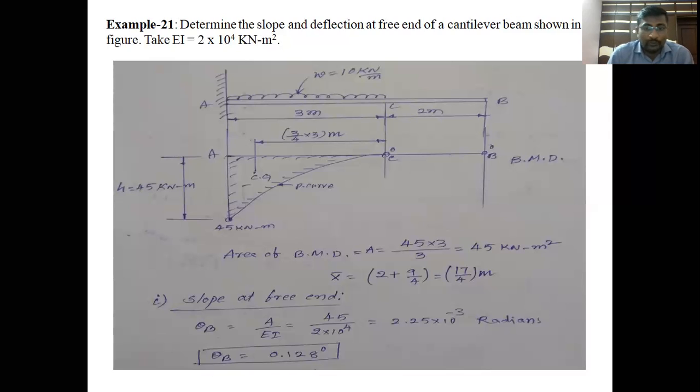Therefore, we get 2.25 into 10 to the power of minus 3 radians. If you convert radians into degrees, multiply this answer by 180 and divide by pi, then we get the value in degrees: 0.128 degrees. Slope at point B is 0.128 degrees.